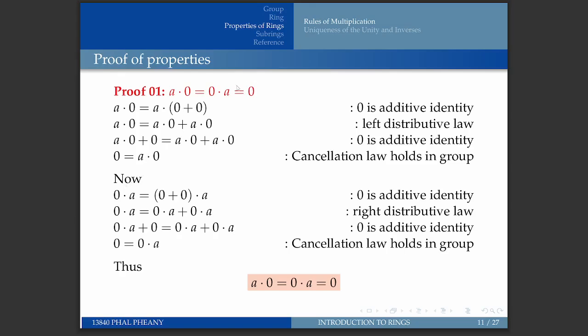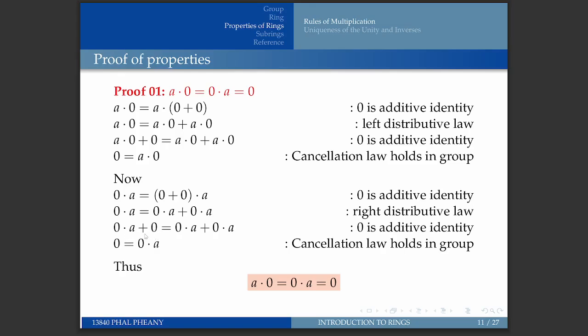Now we prove the second part: 0 times a equals 0. Now we consider 0 times a is equal to (0 plus 0) times a, since 0 is the additive identity, same as above but multiplication with a. So using the right distributive law that we have discussed, we get 0 times a equal to 0 times a plus 0 times a. Now we add 0 on the left side, not changing anything because 0 is the additive identity.